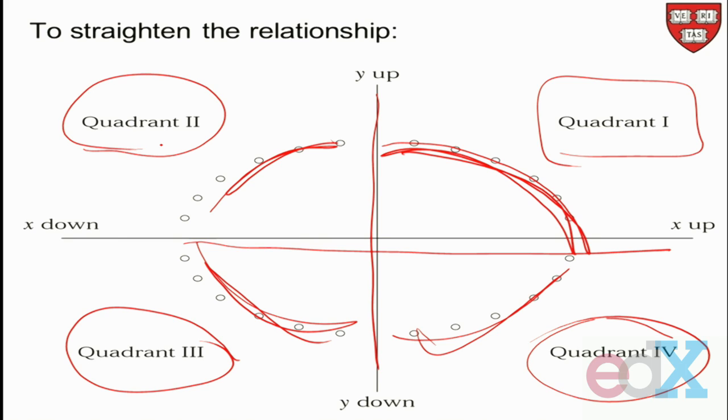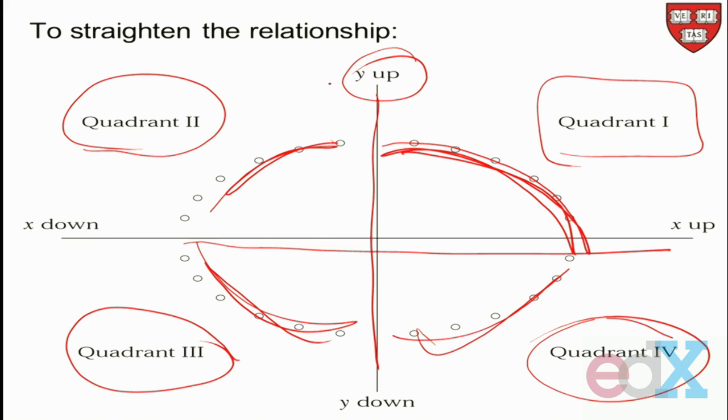If you are in quadrant 1, try these transformations. Namely, make y go up the ladder, so you might look at y squared, or y cubed, or y to the 4th, etc., and then replot. Or let x go up the ladder and see if that straightens it up.